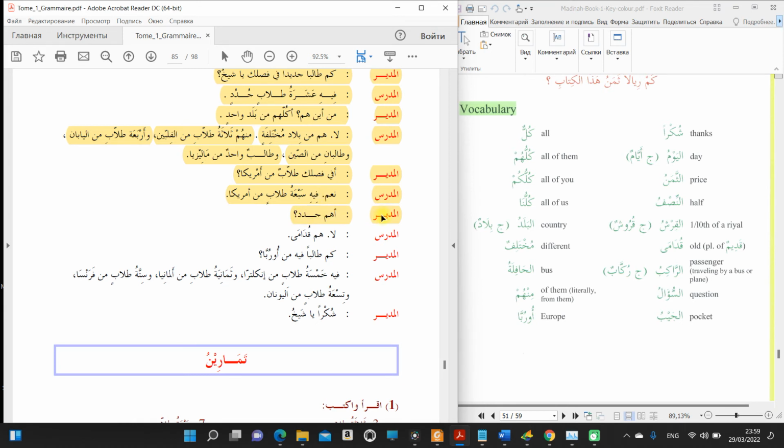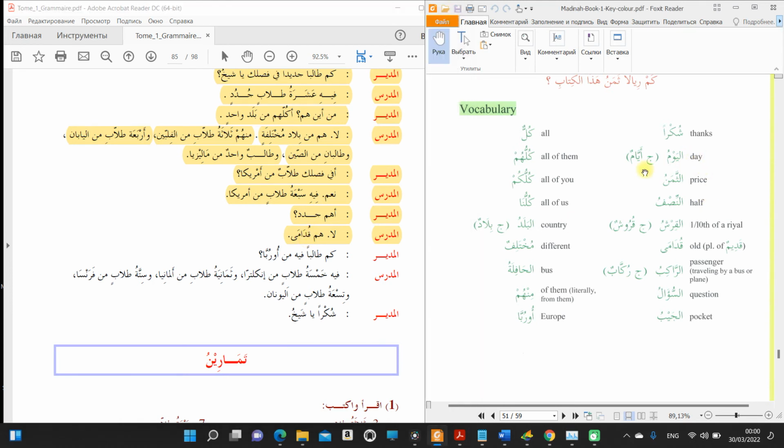Are they new? المدرس says لا هم قدامى. No, they are old. قديم, old. قدامى is the plural form of قديم. Old, قديم, and قدامى, it's the plural form of قديم.